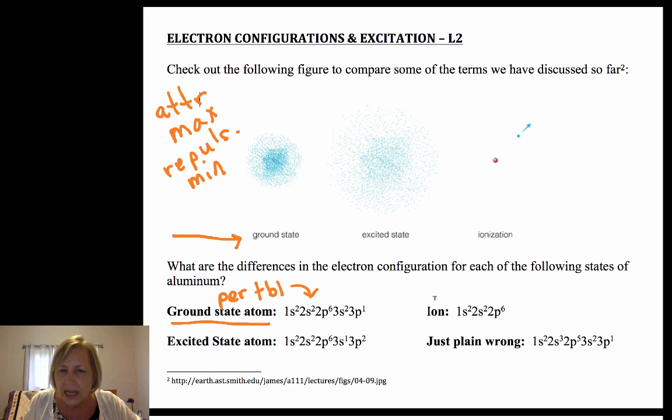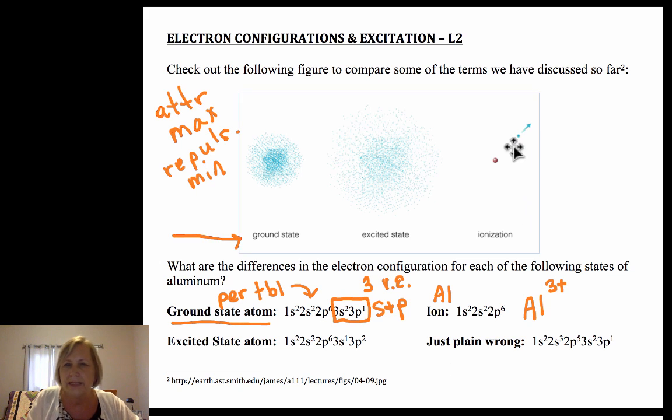Now, if I knew this was aluminum, this would be an ion. You notice that my 3 valence electrons, my outer S and P electrons, have been lost. So this would represent the aluminum 3+.